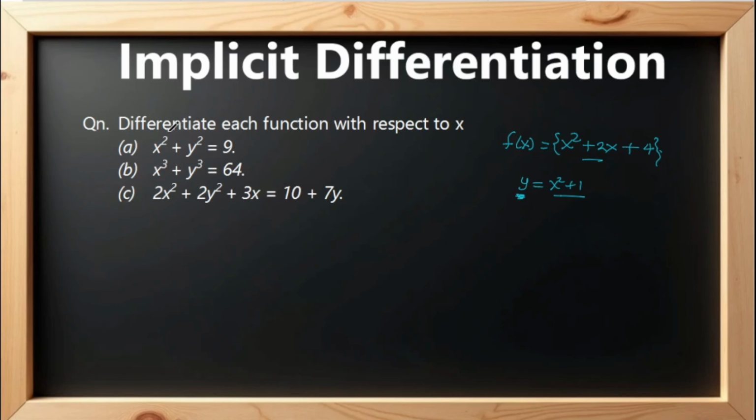But implicit differentiation is a different case, where two variables would appear on one side and you're expected to differentiate one of the variables with respect to the other, just like the y with respect to x in this example here. So with implicit differentiation, we need to have some knowledge of chain rule and product rule.